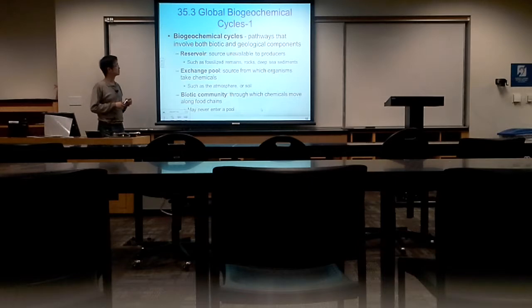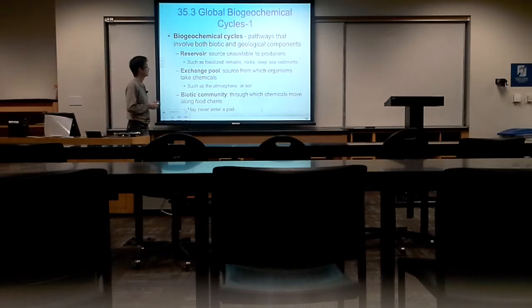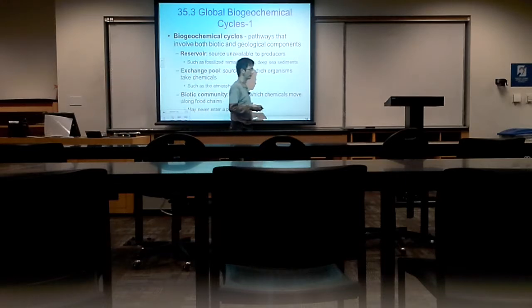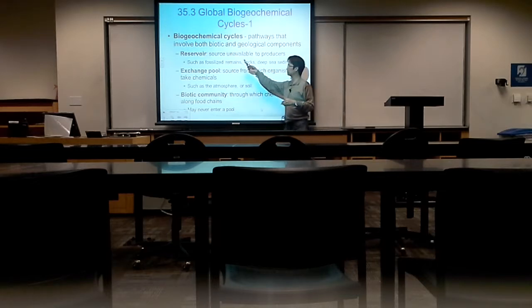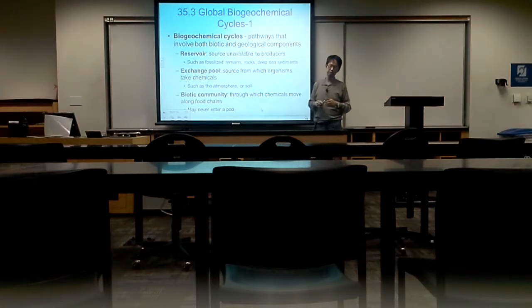Biogeochemical cycles. Well, we will talk about different cycles at the end of today's lecture, but we need to talk about different terms. Reservoir: these are the resources that are unavailable. This is counterintuitive. A reservoir is something that is unavailable to producers or other animals.